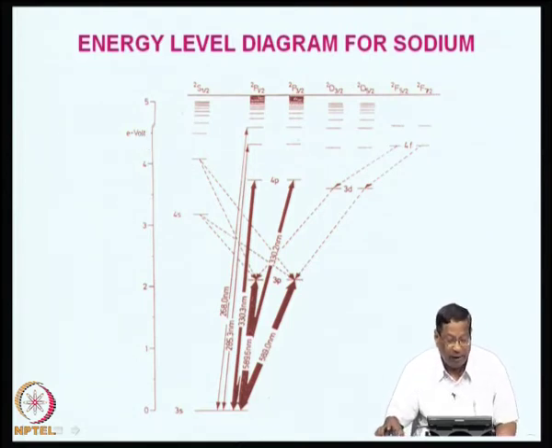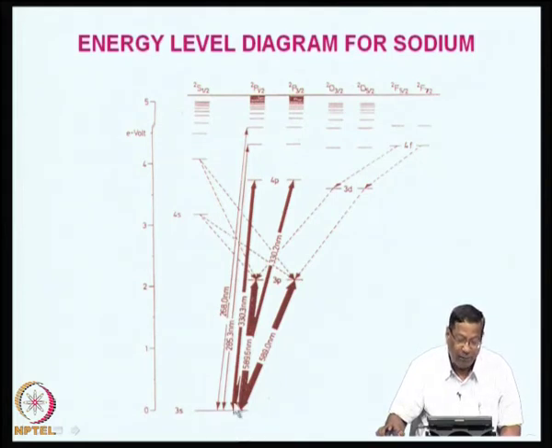So, what is happening here is we are taking the sodium atom and determining its energy levels. For example, 3s is occurring approximately at 0 electron volts, 0 eV.